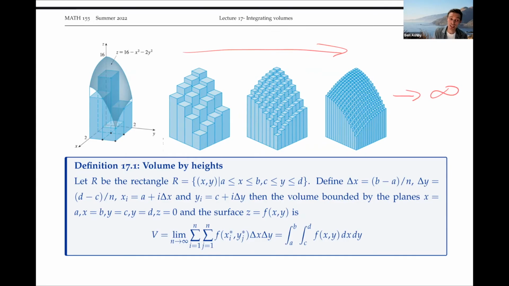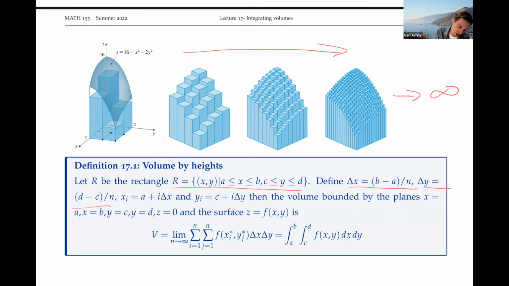So if we want to calculate the volume of a function using this method by heights, we can limit ourselves first of all to a rectangle over which we're integrating. So there are some boundaries A, B, C, D. You can recognize being the X and Y bounds here. We can work out what our delta X and delta Y are based on those boundaries and dividing them up into n little bits.